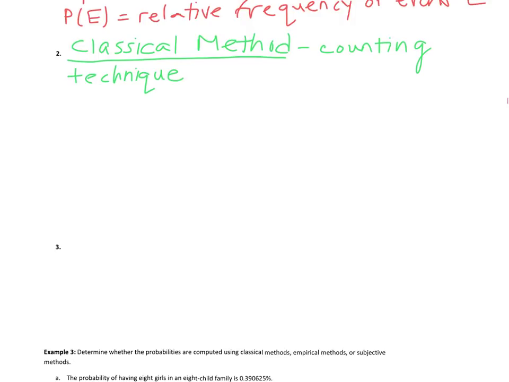We have to figure out how many outcomes there are going to be in total. To use this, it requires equally likely outcomes, like heads or tails, or rolling 1 or 2 or 3 or 4 or 5 or 6. Those are all equally likely outcomes.